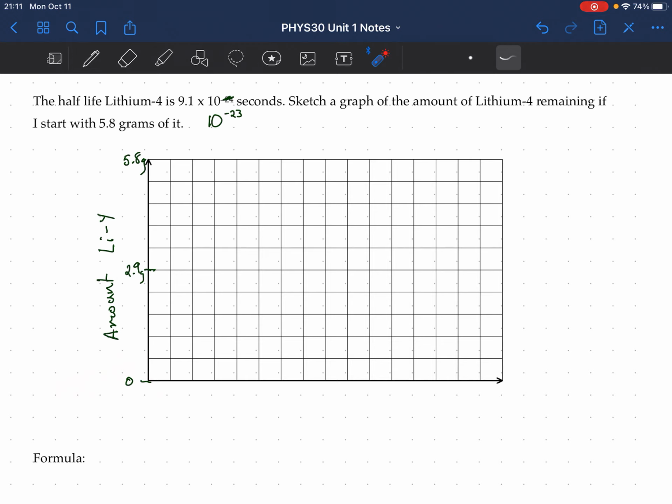Now we need to scale our horizontal axis, our time axis. And this will be 0 seconds. This will be, we can make this at 9.1 times 10 to the minus 23.